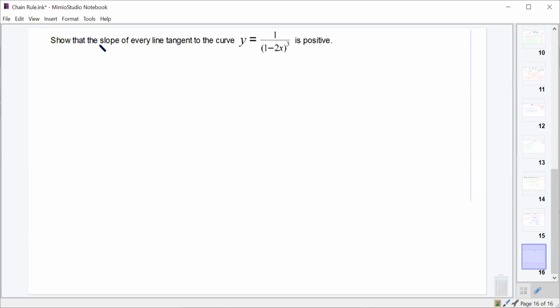So if we're talking about slopes of the tangent lines, we want to show in this case that the derivative is always greater than 0. So in order to do that, we're going to probably need a derivative. Yep. So how are we going to take that derivative?